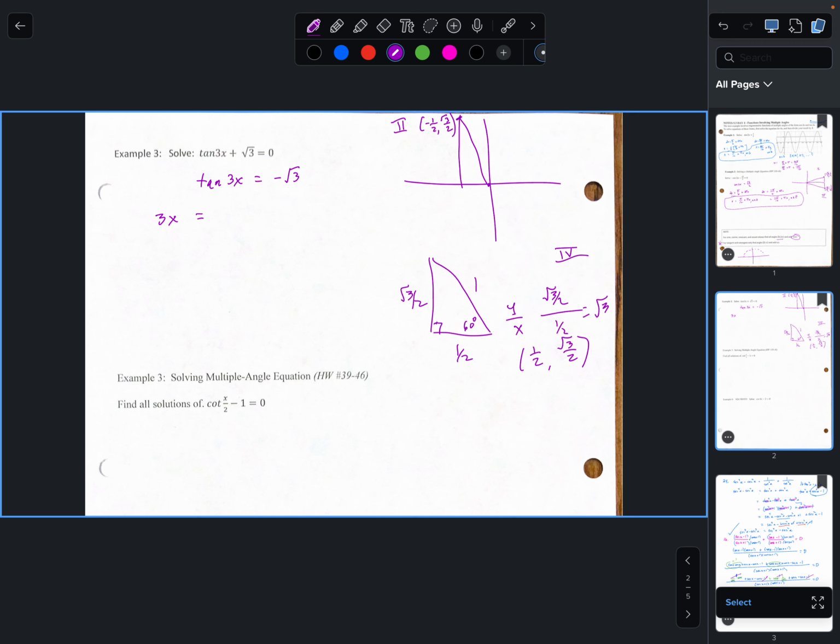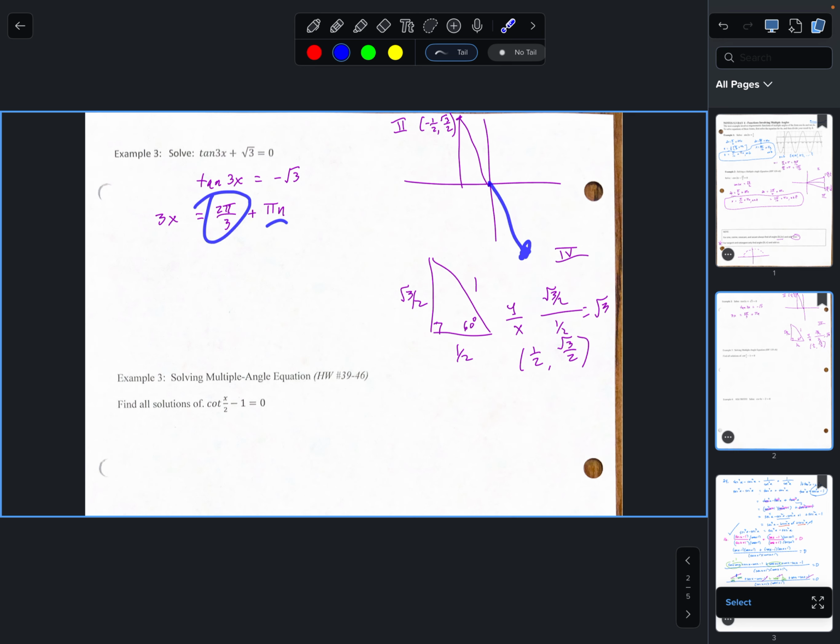But for tangent, then I do plus pi n. And that, when I add pi to this, that gets me the 5 pi thirds. And then the amount of rotation between those angles is always pi, because the period is pi.